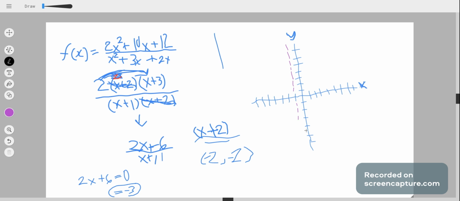Oh gosh, okay, time to try and draw a straight line somewhat. So we know that we're going to be plotting somewhere down here, and then our horizontal asymptote is going to be around here.